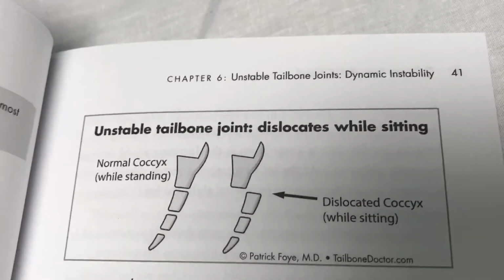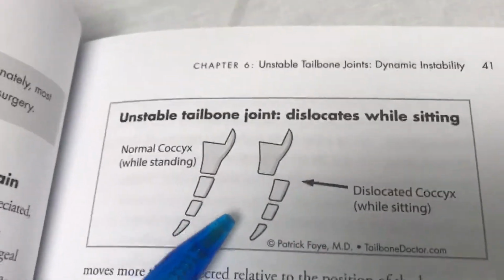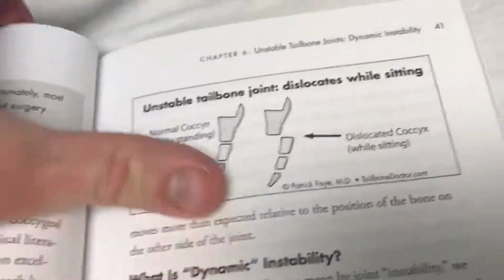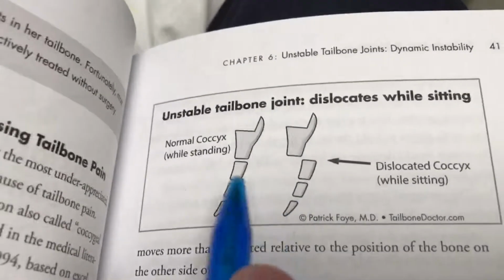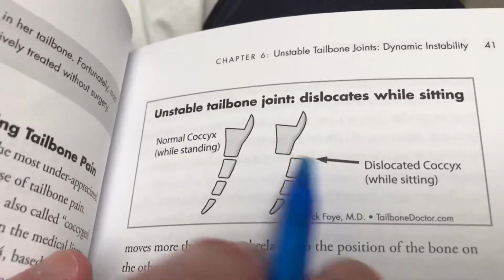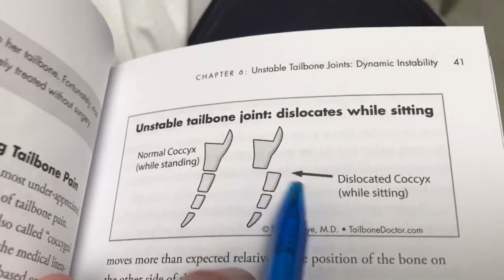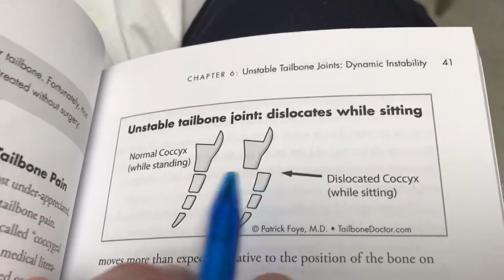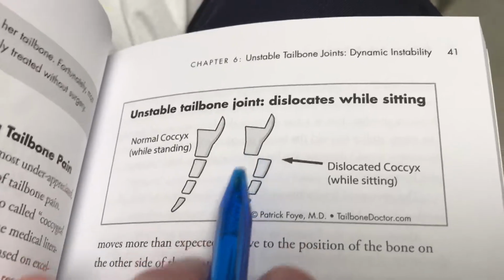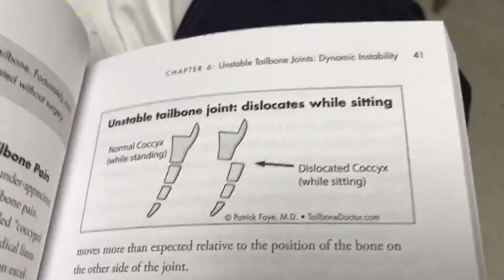By the way, I will point out that in this particular illustration, it's at that same joint that we just looked at in that patient's MRI, just by coincidence. So here's that first bone of the coccyx up top, and then the second bone here, and that dislocation in between them, right at that location, where you can see there's no overlap between this bone and the one below it.